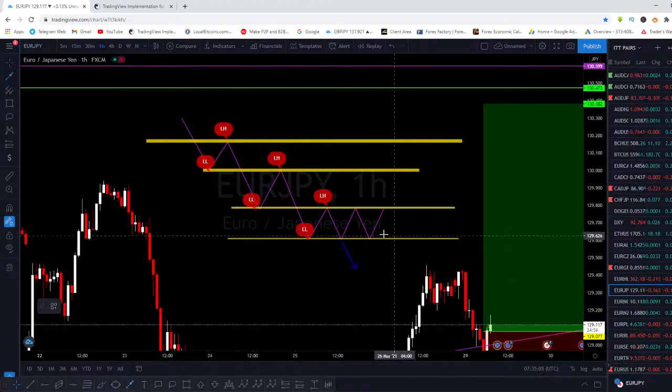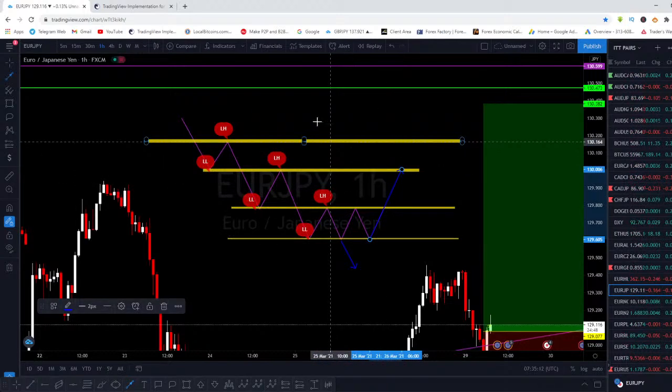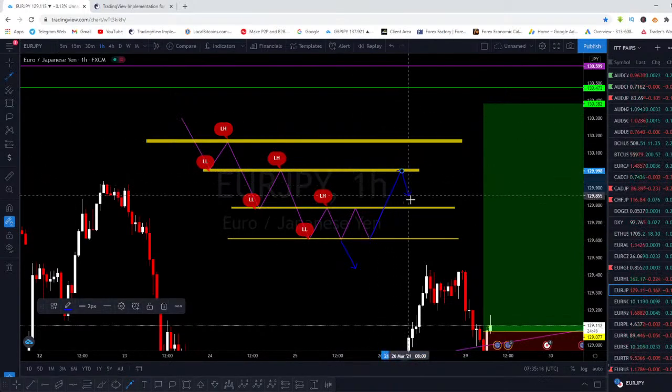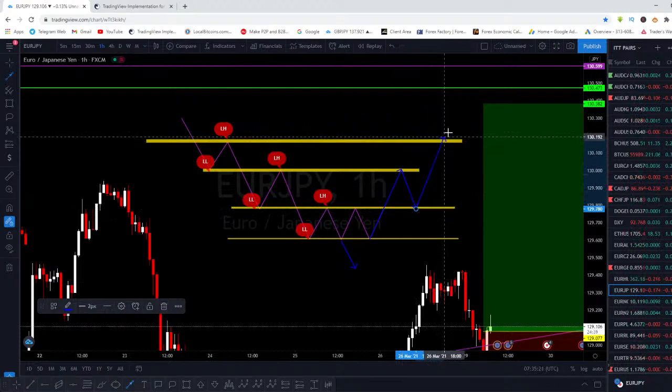But what we saw here now is a breakout of this ranging market. Then what we are supposed to do is wait for the market to retrace. Then we look out for entry points right here and ride it all the way to the upside, right?